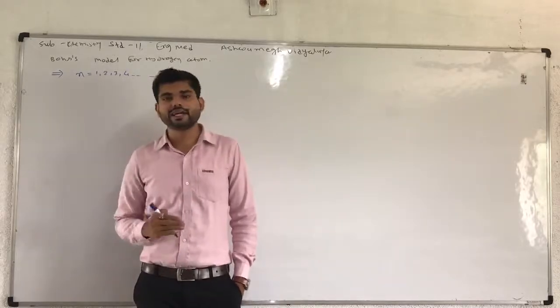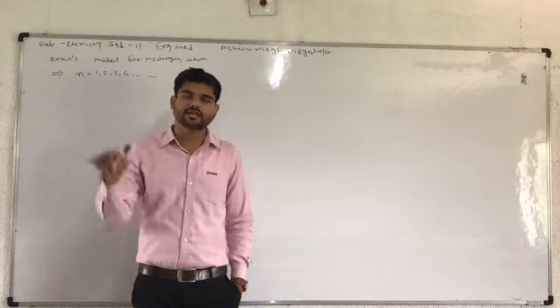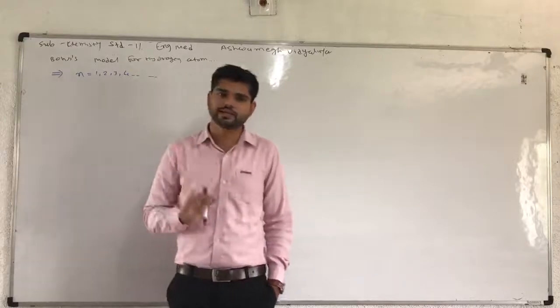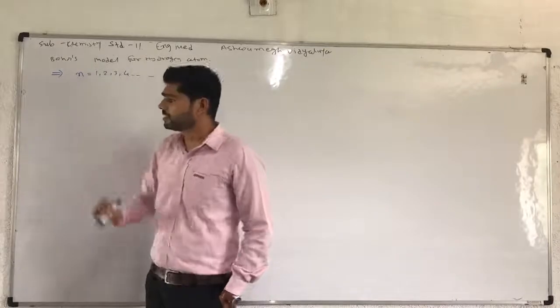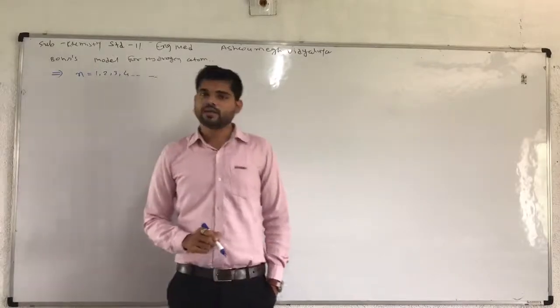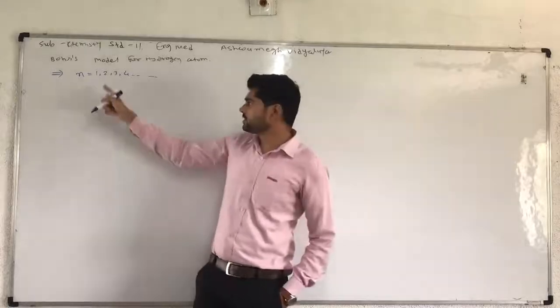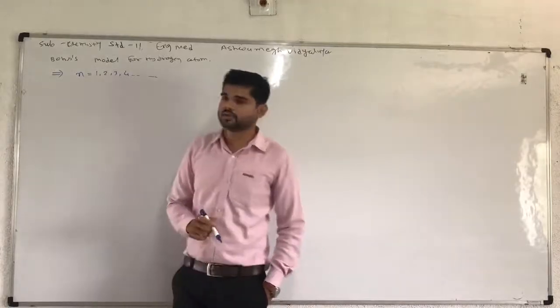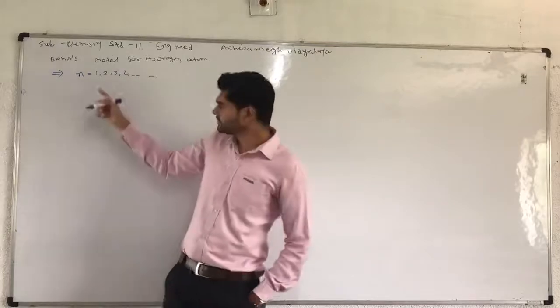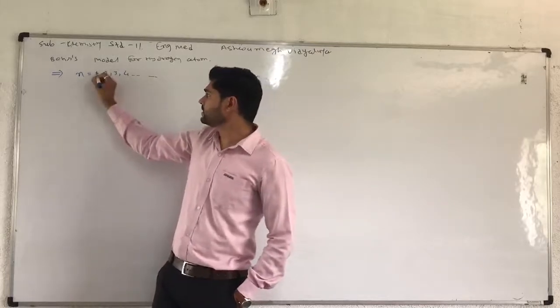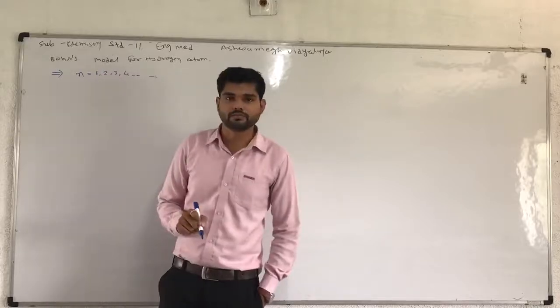Suppose the second orbit, the electron is only in the second orbit. So the value of n can be changed, so the quantum orbit number can be changed. Suppose first orbit, n equal to 1, second orbit, n equal to 2. This is known as the main quantum number.